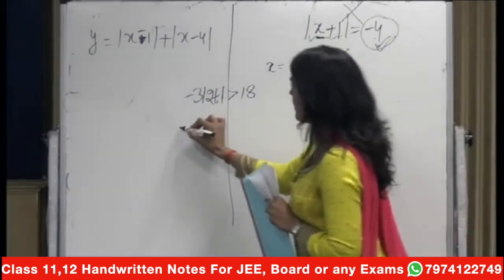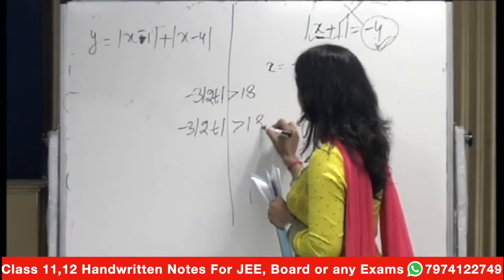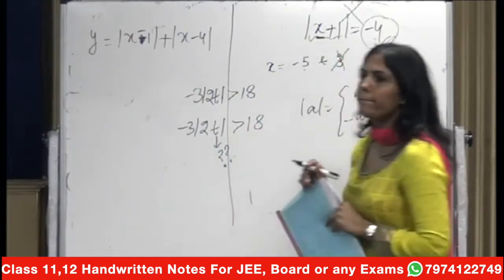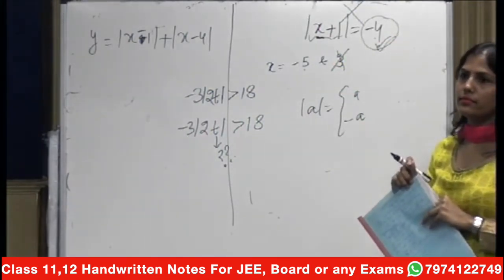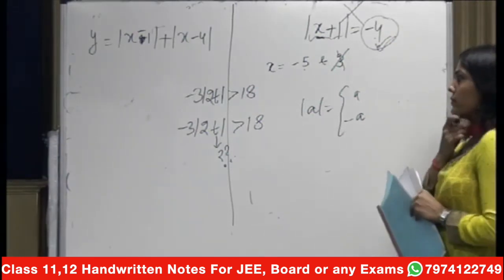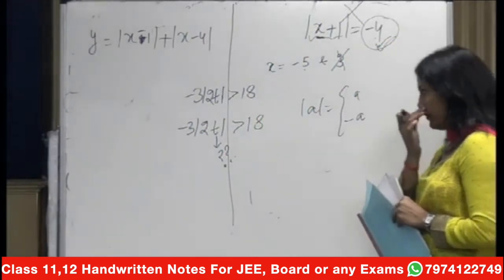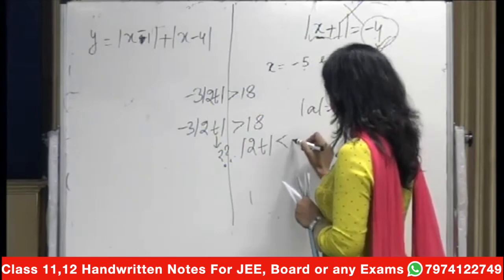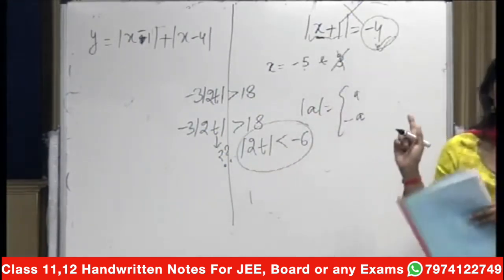Here, this is basically minus 3 mod t, mod of 2t greater than or equal to 18. I want to find the values of t. Okay, this will be? Not possible. Yes, now you are answering. Is it okay? So you have to be very careful.